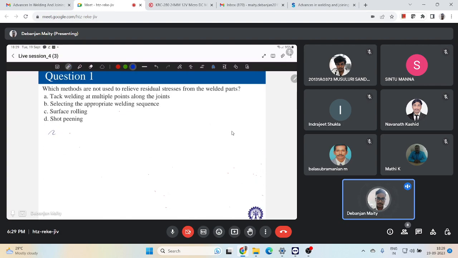So I was talking about this tack welding. So tack welding is basically done at multiple points along joints to create a rigid structure.